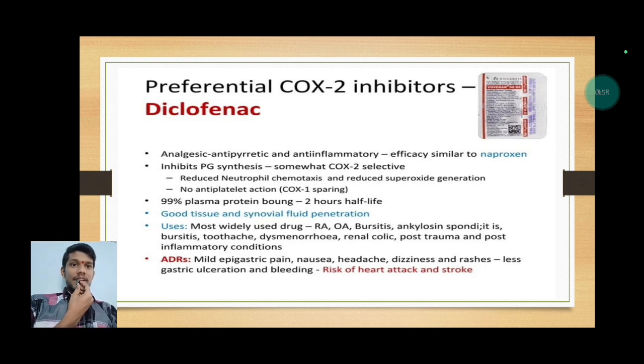The adverse drug reactions of diclofenac are mild epigastric pain, nausea, headache, dizziness, and rashes. There is less gastric ulceration and bleeding, but the risk of heart attack and stroke is more.